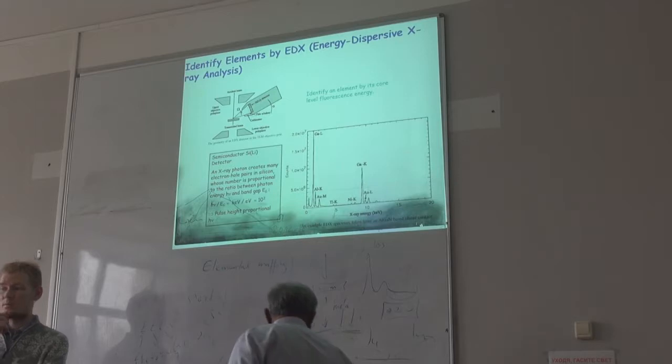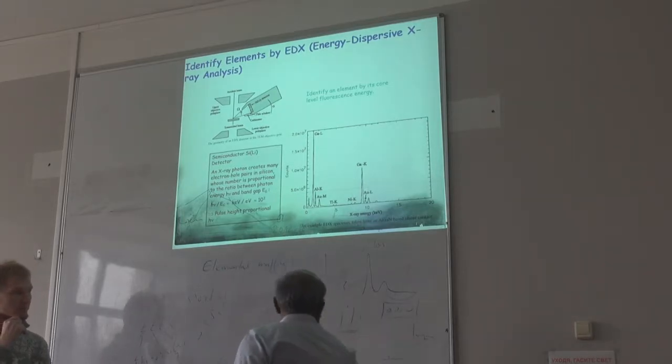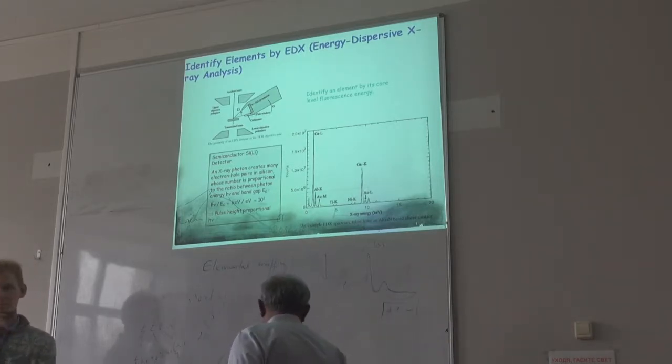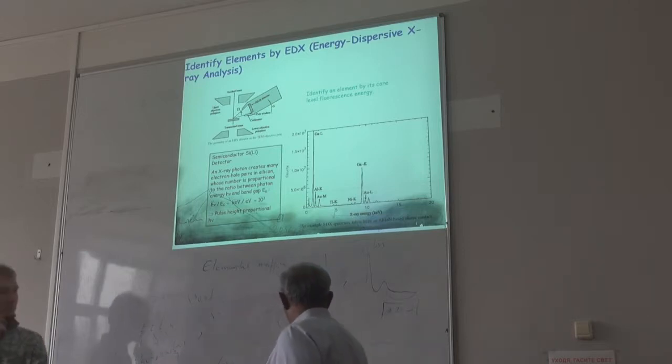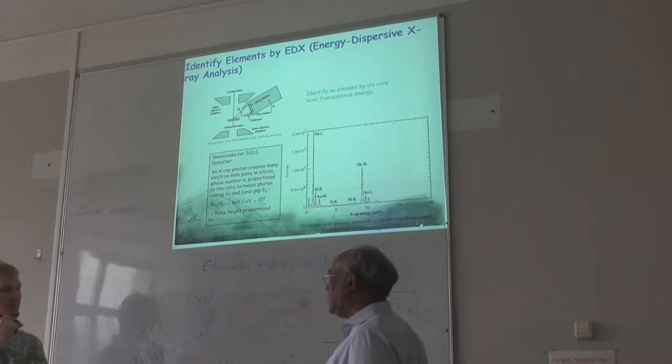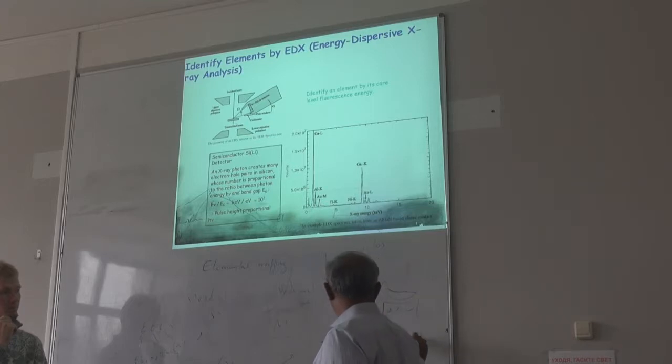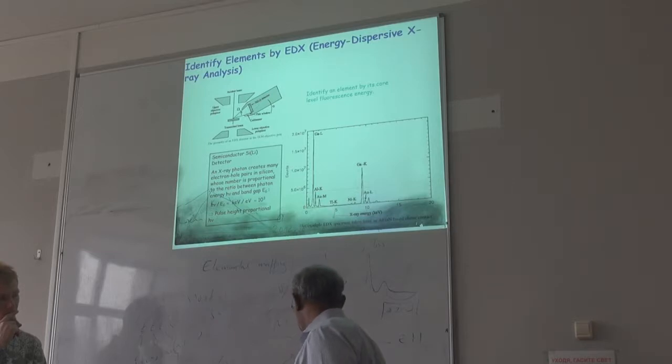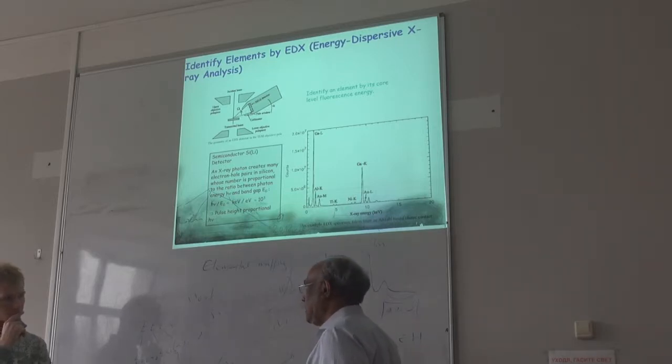So energy dispersion is basically you have these two energies, we call the discriminator. So you have the energy high, energy low. If you have some energy higher than this one and less than this one, we don't count it.